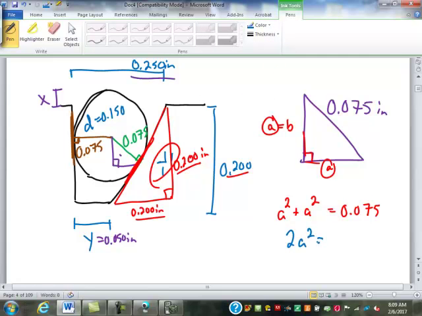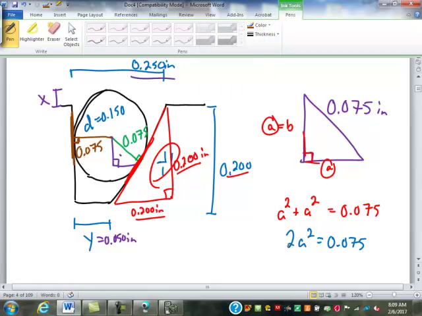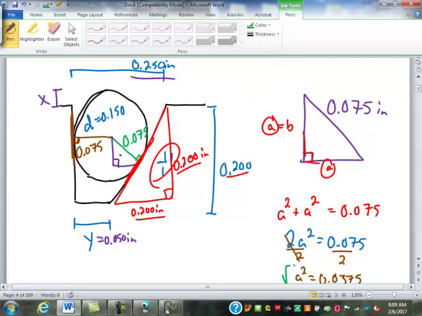So 2A squared equals 0.075. How do I solve that equation? Divide by 2. A squared equals 0.0375. And then square root.